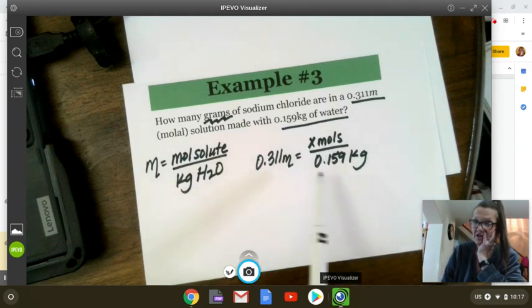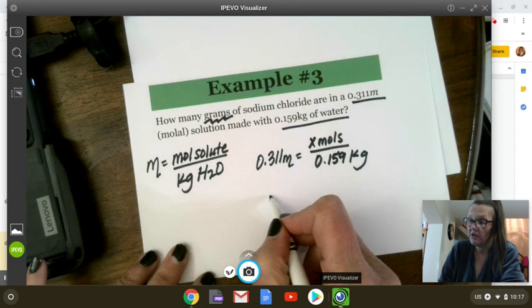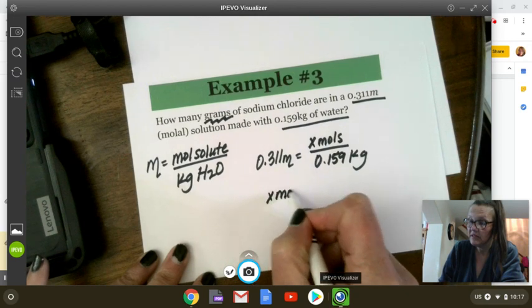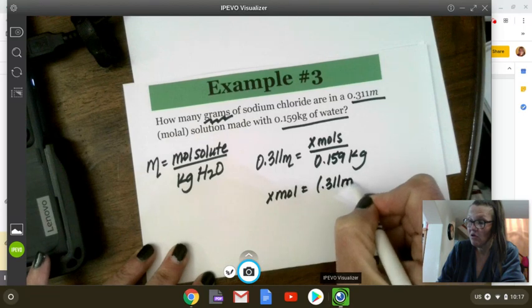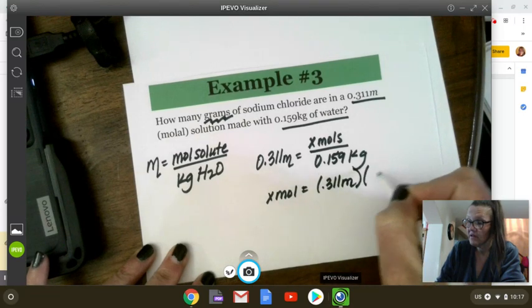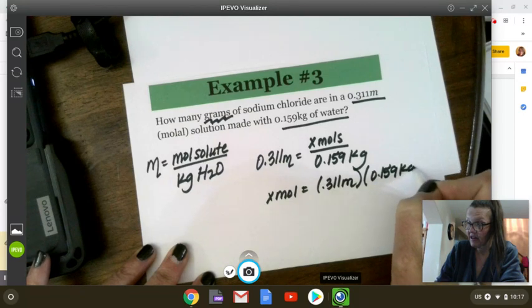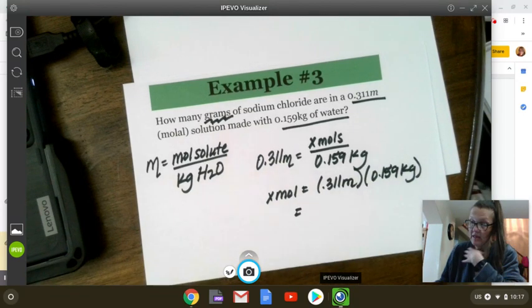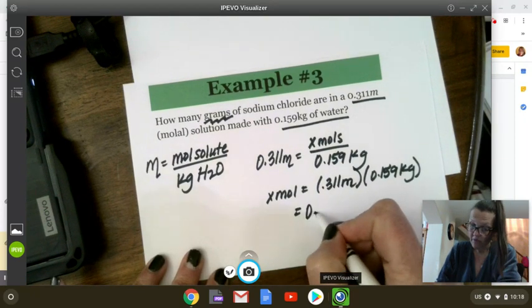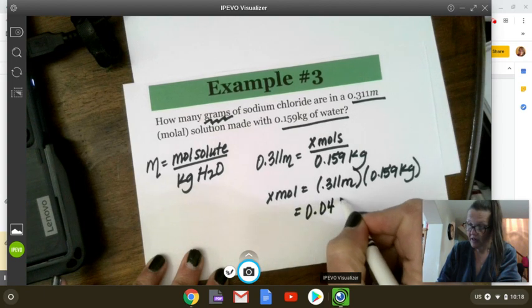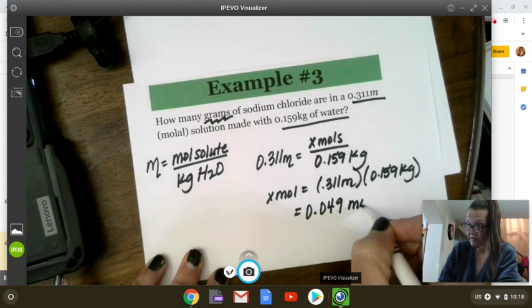So we're going to do a little cross multiplying. Your number of moles is going to be equal to 0.311 molal times 0.159 kilograms. So 0.311 times 0.159 is 0.049 moles.